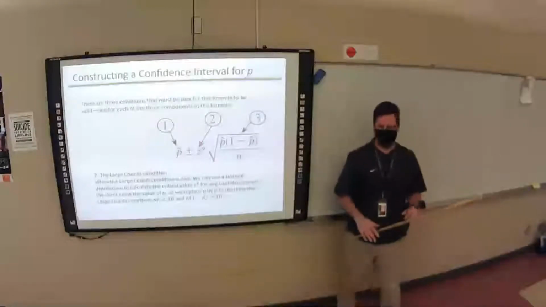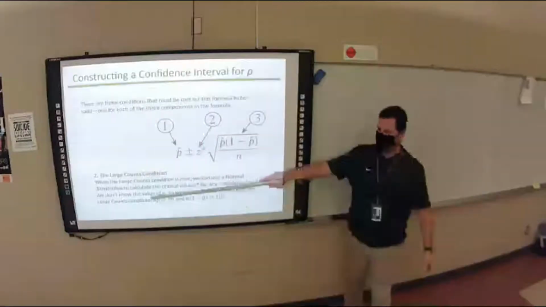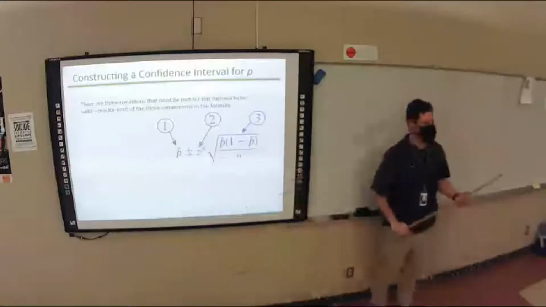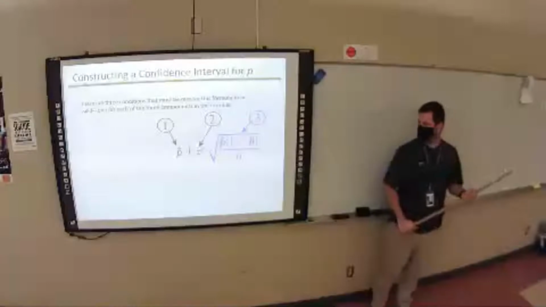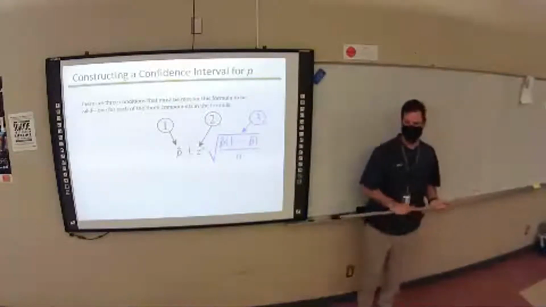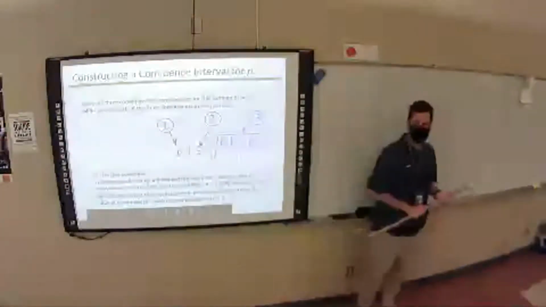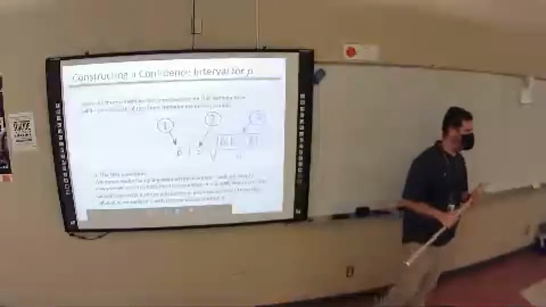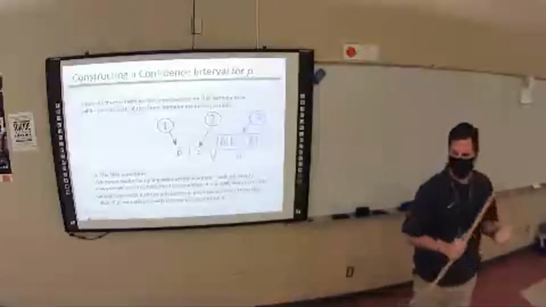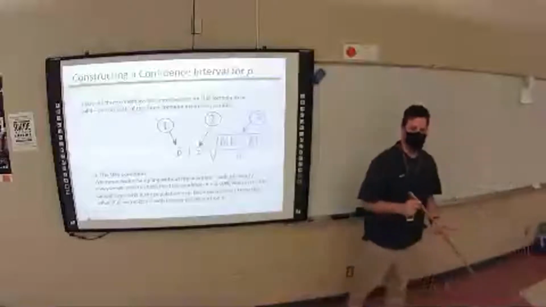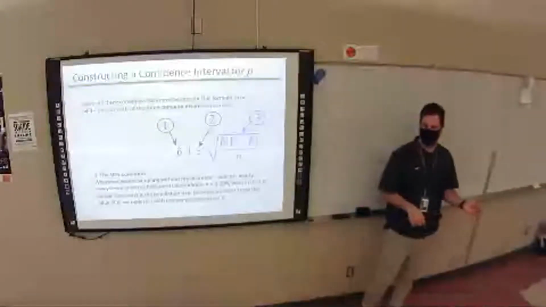I found out good information about Charlie. Condition, okay? The last one, the third condition. How do we know we can use that one? Do you remember? 10%. Your sample must be less than 10% of the population.